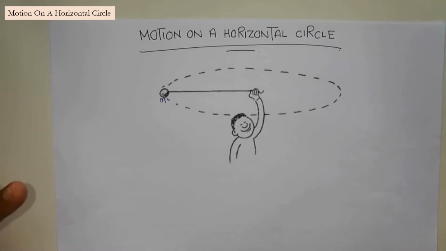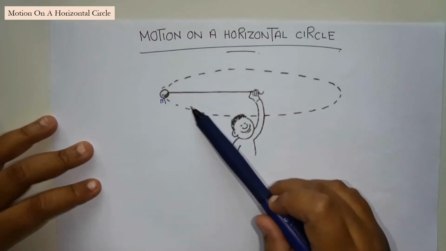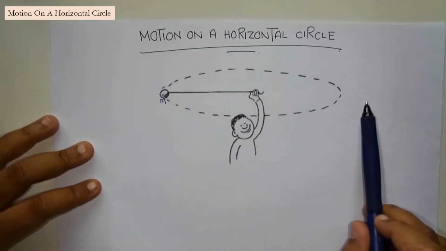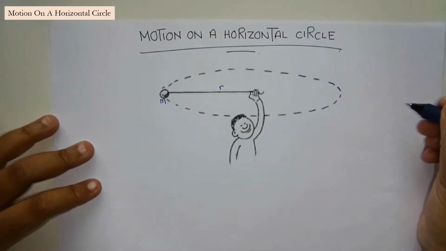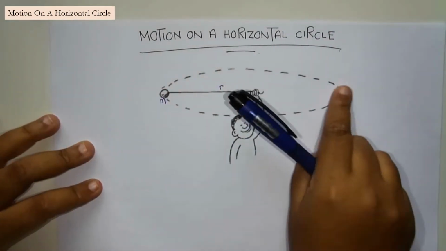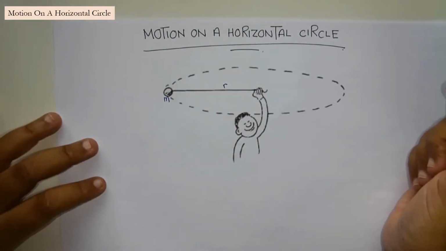Now what we have here is a stone of mass m at the end of a string being whirled around in a horizontal circle of radius r on a smooth surface. So the person is whirling around like this. Now what shall we do in this kind of question?